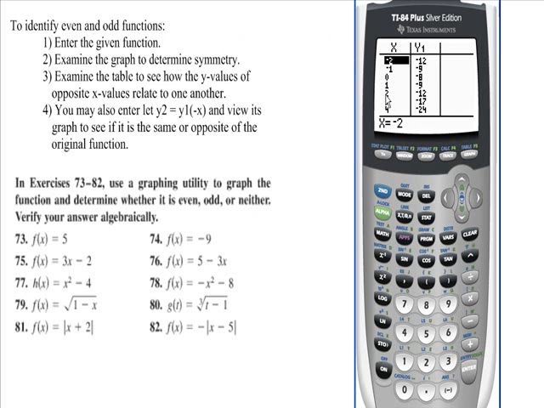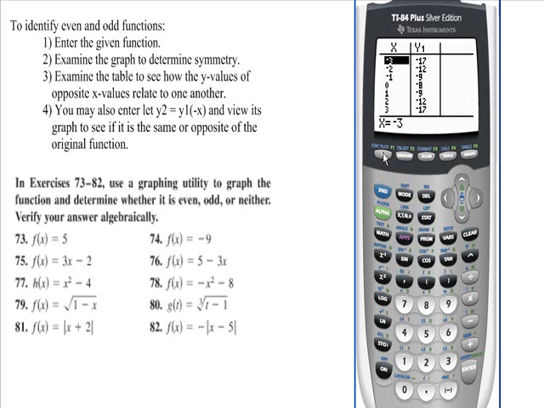Notice that an x value of 1 has a y value of negative 9, but also negative 1 has a negative 9 output. 2 has a negative 12 output. Negative 2 has a negative 12 output. 3 and negative 3 both have negative 17. So opposite x values have the same y value. That confirms that it is even.